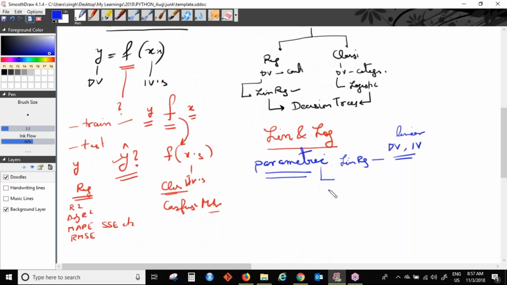Similarly, logistic regression also has an assumption. In logistic regression, we have an assumption that the log of odds should have a linear relationship with the independent variable. Remember, we got this equation.